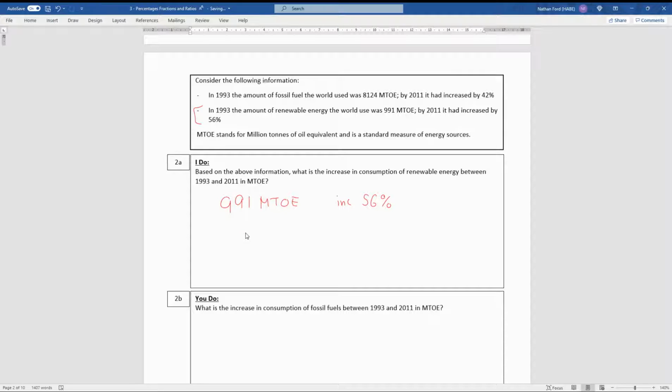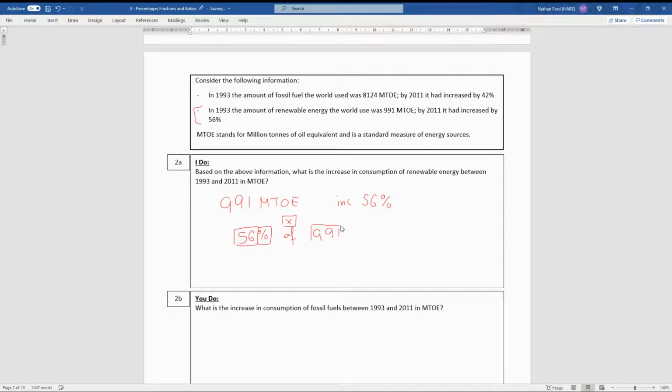So that's exactly what we're going to do. We want to find what 56% of 991 is. We could just type that into a calculator with these buttons. Now, of is the same as times.